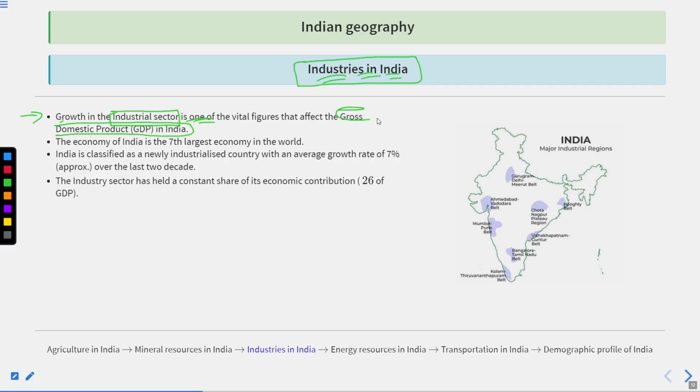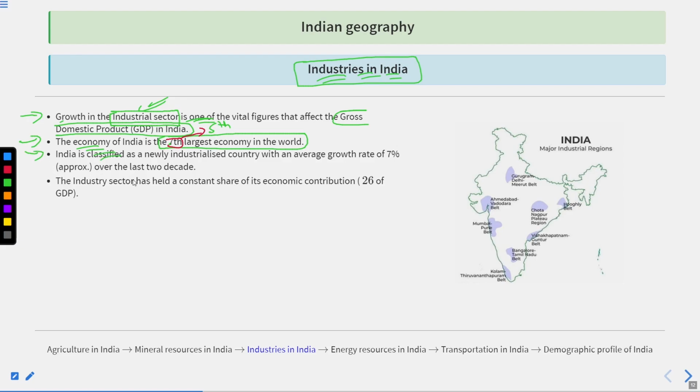So that's why it is written down here. The industrial sector is one of the vital figures that affects the gross domestic product in India. The economy of India is the seventh largest economy in the world. Please correct it right now, it is previous data. Now it is the fifth largest.